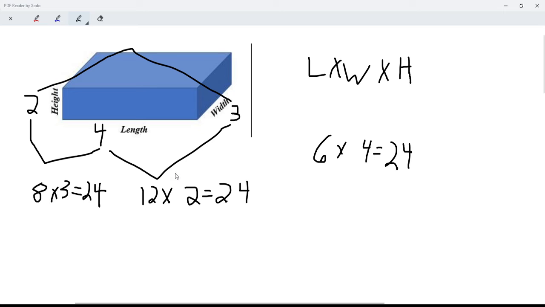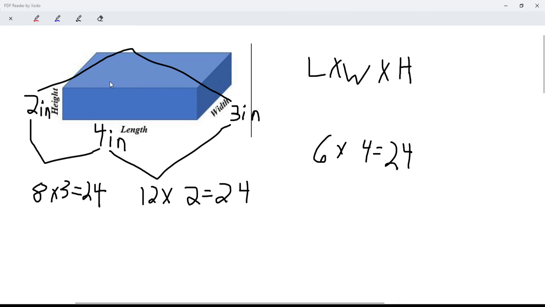Also, when you are doing volume, let's say that these are inches, okay? Just like when you are doing area and the answer is squared, right?